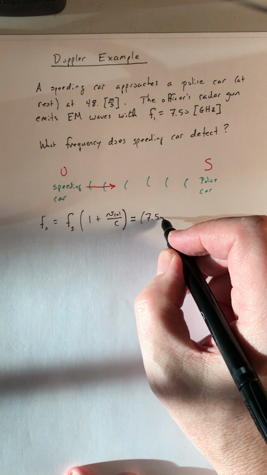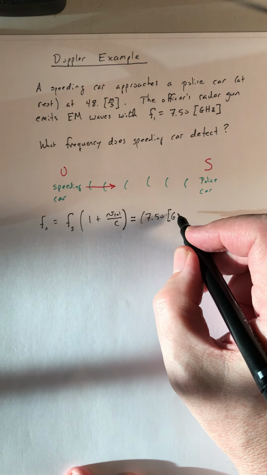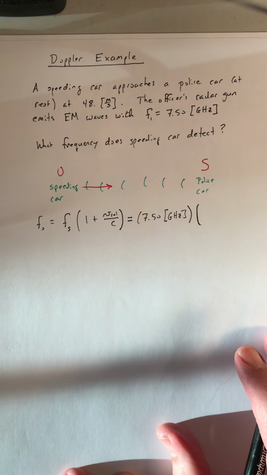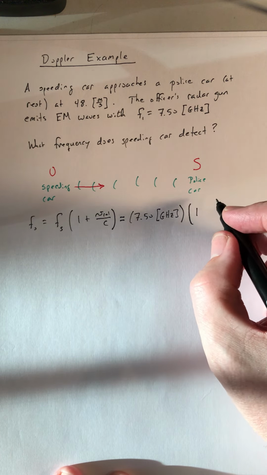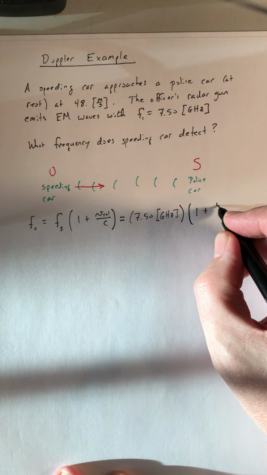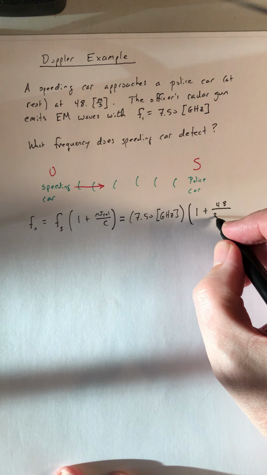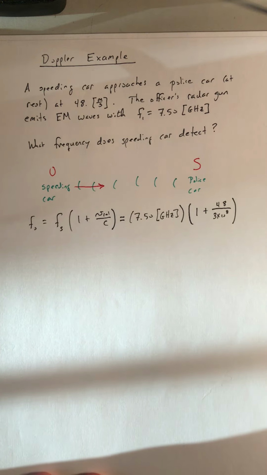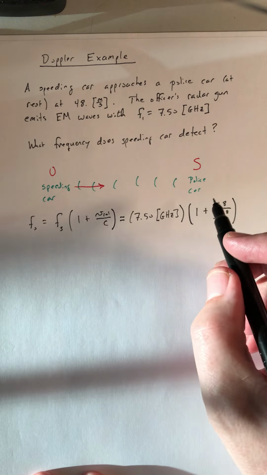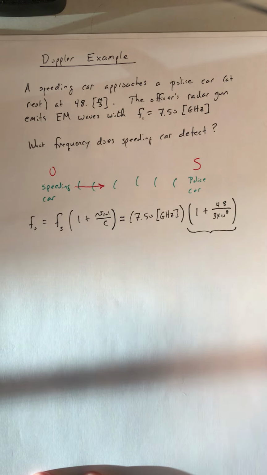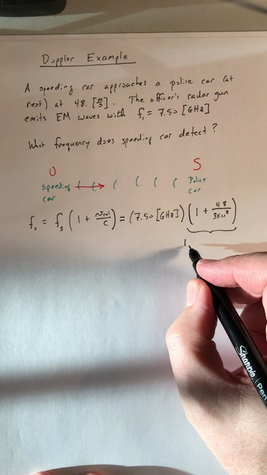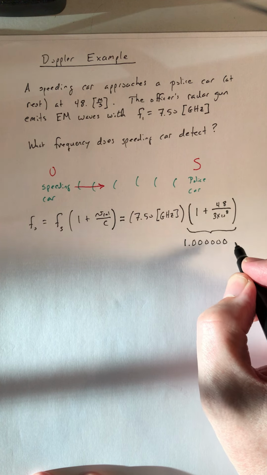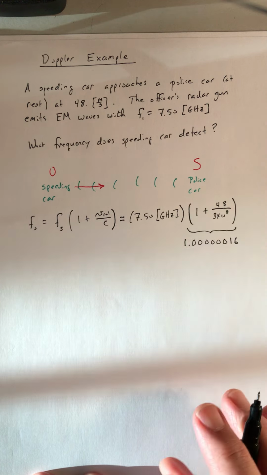So that's 7.5 gigahertz, and then this term is going to be 1 plus 48 meters per second over the speed of light, 3 times 10 to the 8th meters per second. And that term is 1.000000160.